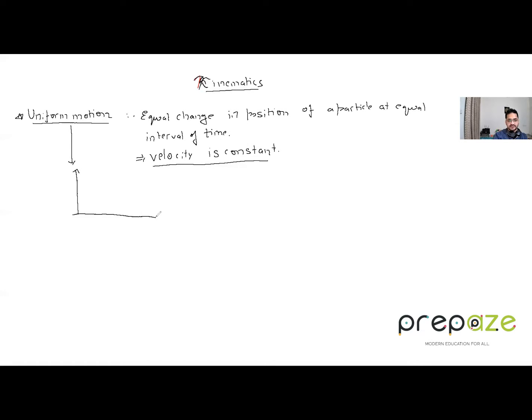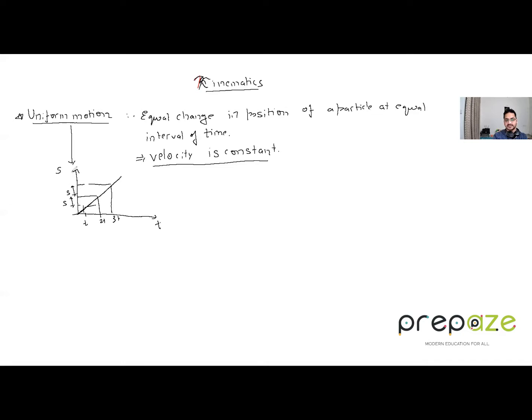How will a graph of a uniform motion look? You can see from the definition. If you have a position-time graph, that is a displacement-time graph, it is a straight line, because there is an equal change in position. Suppose I go from time t to time 2t, there is some change in the position, let us say S. Now if I go from 2t to 3t, the position change will again be S. So there is an equal change in position in equal intervals of time, and that is a straight line.